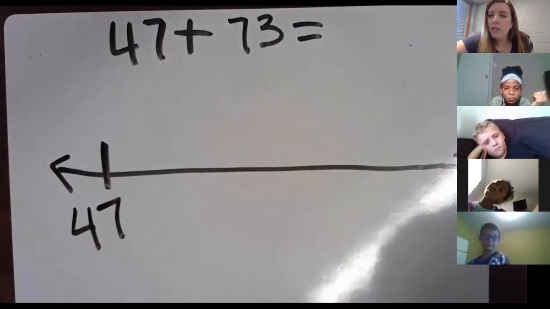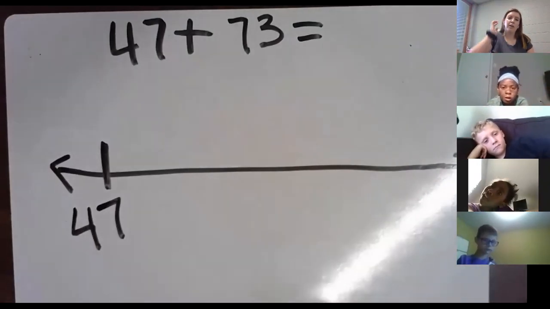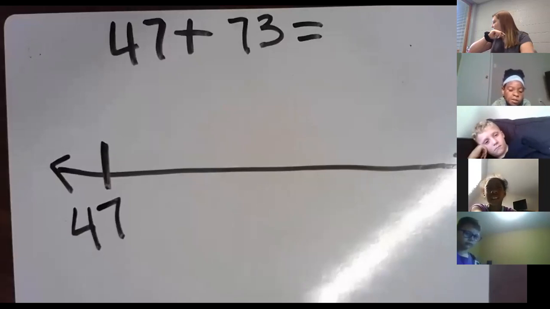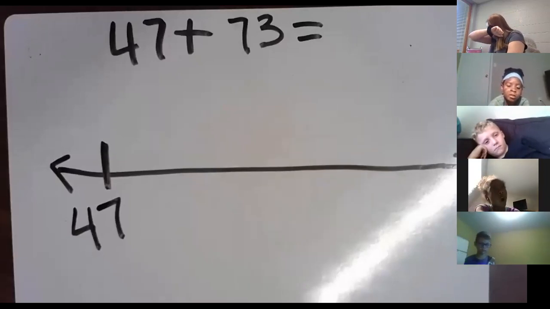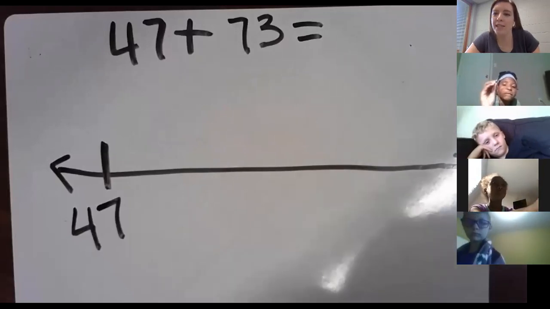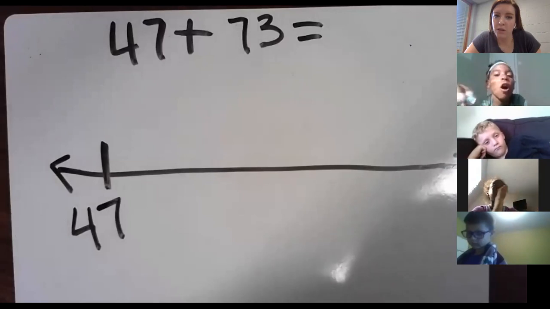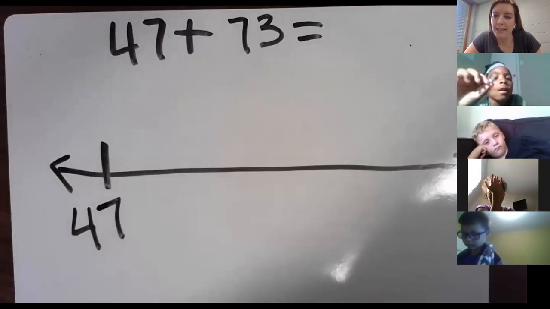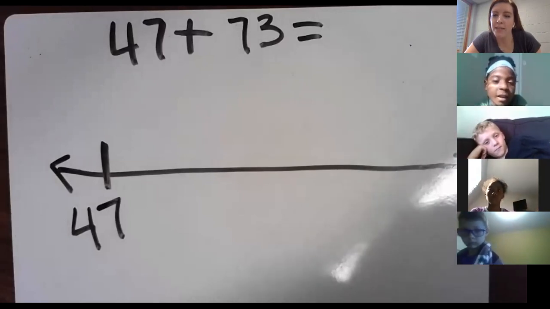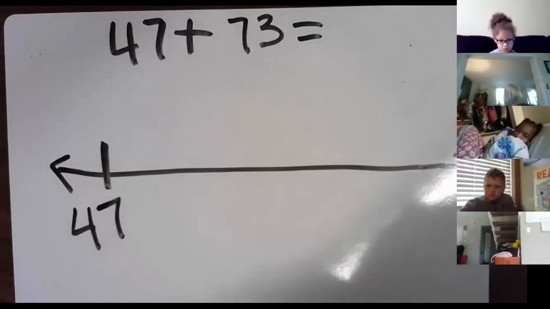I'm going to break apart my tens and ones in 73. So do we want to break 70 up into 7 tens, or do we want to group some of those tens together?